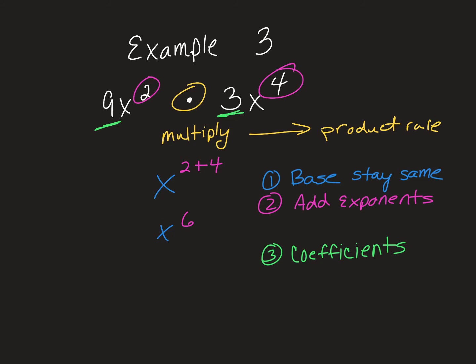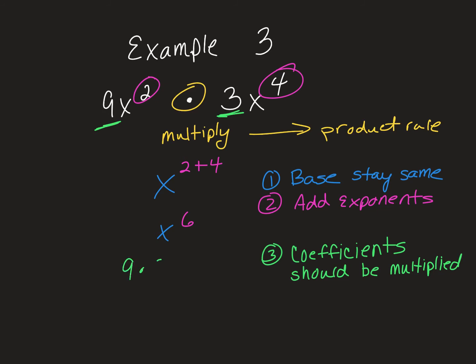Instead, the coefficients should be multiplied, because those are just regular old numbers. The numbers are sitting next to the variables, which means multiply. And then you've got this multiplication symbol right in between. So that means you're going to multiply the 9 times the 3.